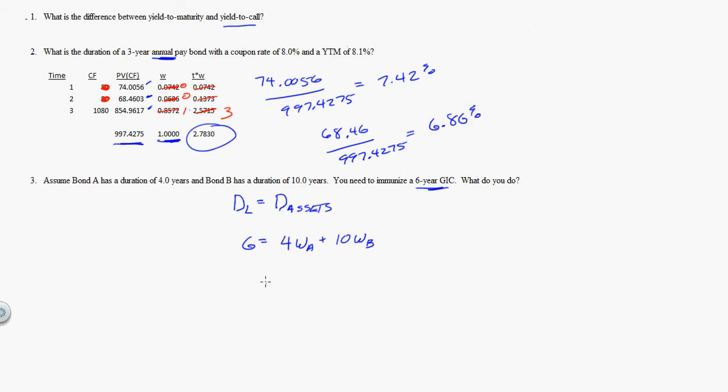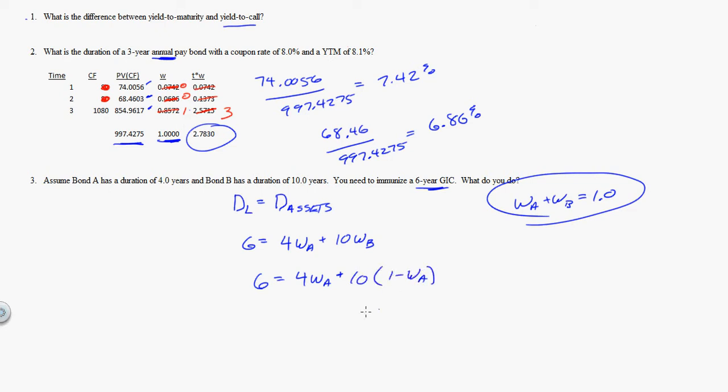Well, 2 equations, one unknown, can't solve it, but I know the weight of A plus the weight of B is equal to 1 because I invest everything in it. So 10 times 1 minus WA, making that substitution, WA is equal to, I've got to solve it. I forget if it was 1/3 or 2/3.